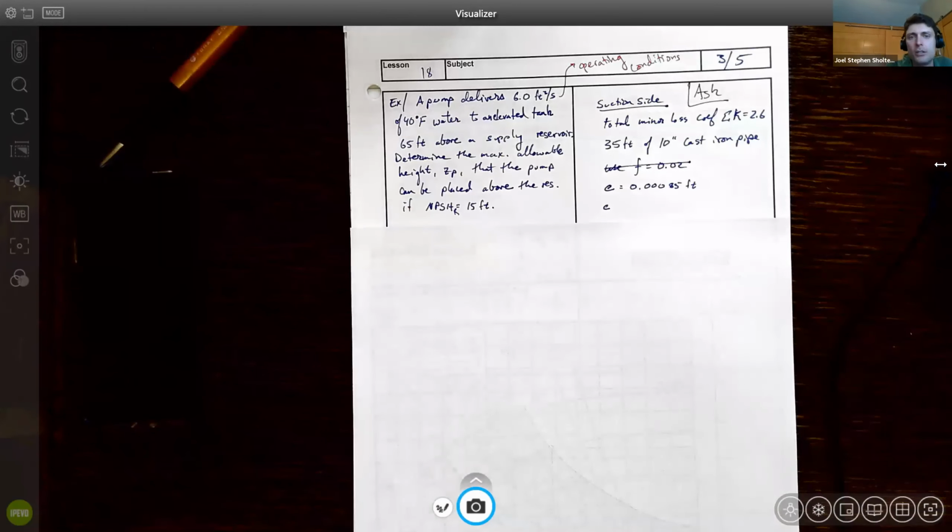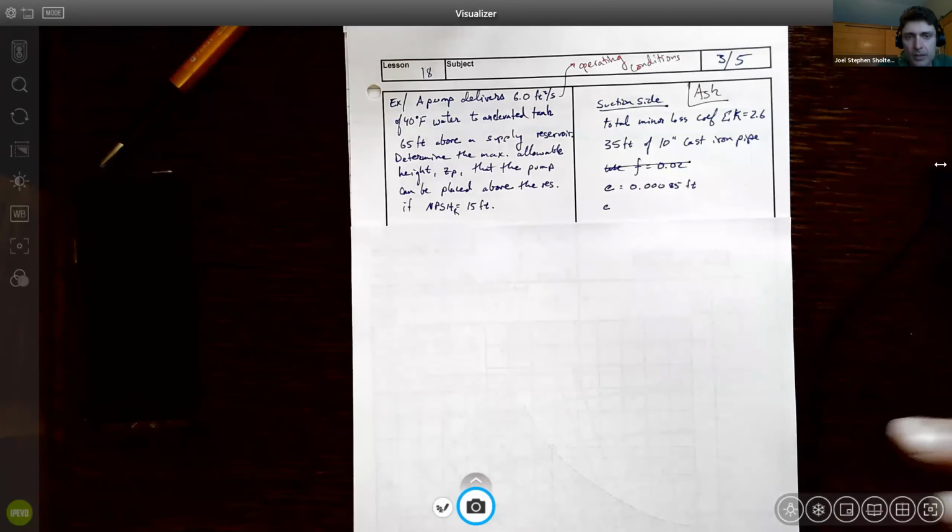It delivers 6 cubic feet per second of water at 40 degrees Fahrenheit to an elevated tank. The tank is 65 feet above a supply reservoir. I think we'll draw this out, but the pump is pumping water up to the tank. The pump's going to be above the reservoir, and we want to determine the maximum allowable height at which the pump can be placed above the reservoir under these conditions.